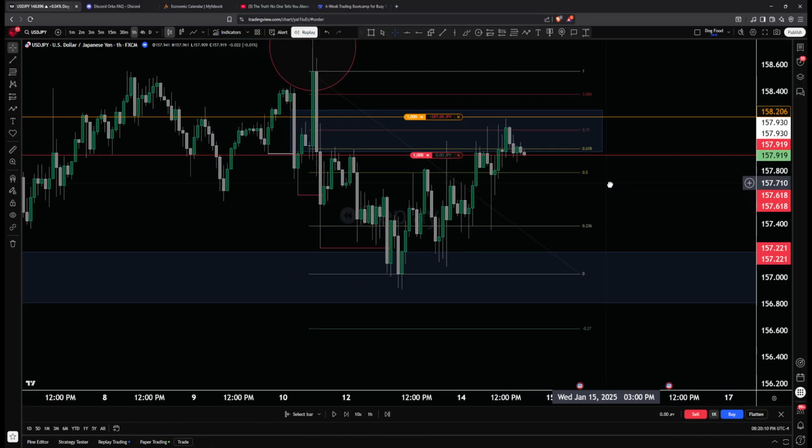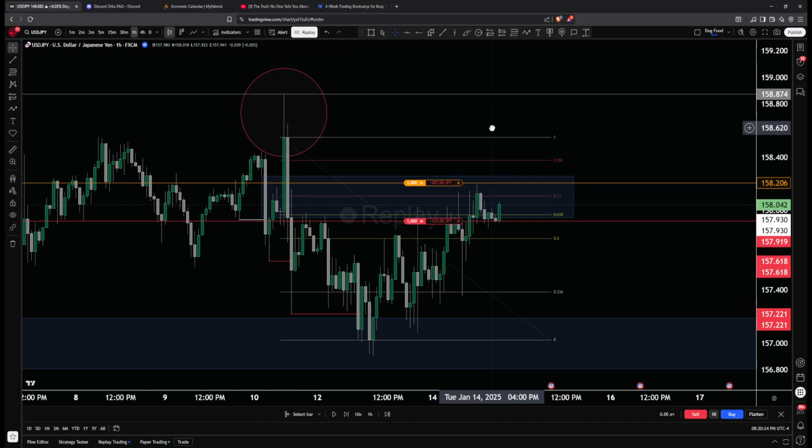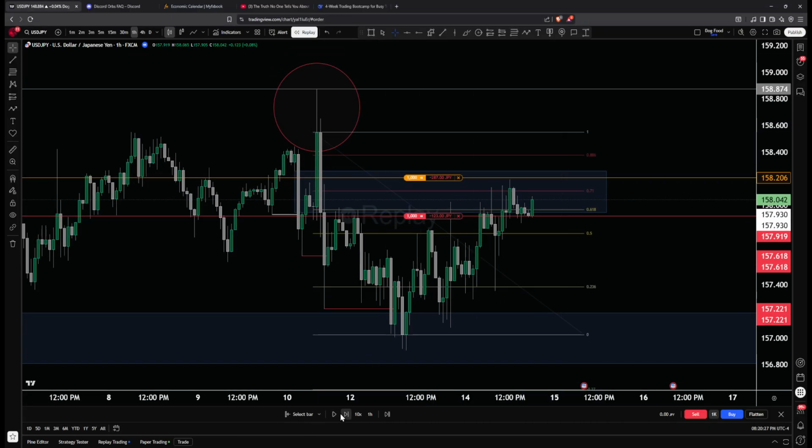So let's see how this trade plays out. And we're still doing this from the hour time frame. We're not even on the entry time frame, but I'm just showing you fibs for entries. So we would have been in a little bit of drawdown, but price is still at a discount compared to where it was up here. Now it's going back in profit a little bit.